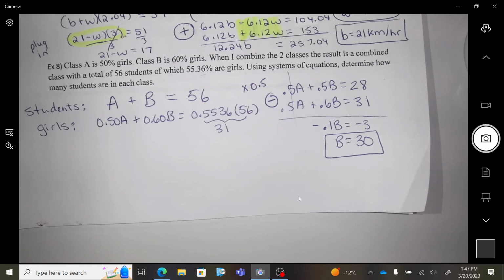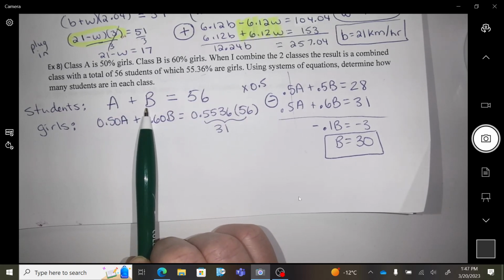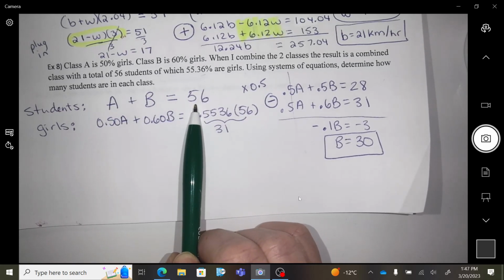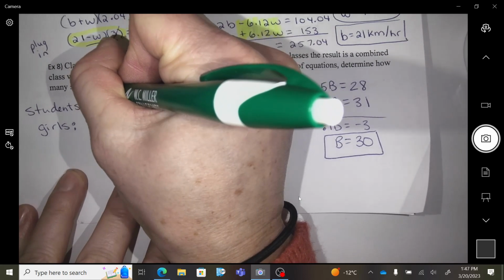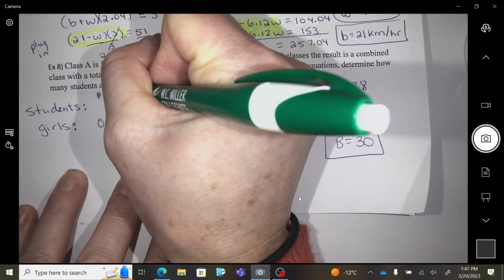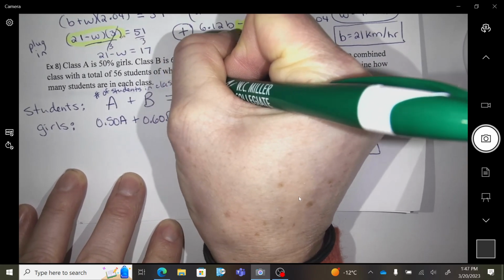Why are there two equations? There's always two equations because of the two unknowns. Where did you get the first one? The first one is how many students in A plus however many students in B make 56 students together. Does that make sense? A is the number of students in class A. That's what that A means.